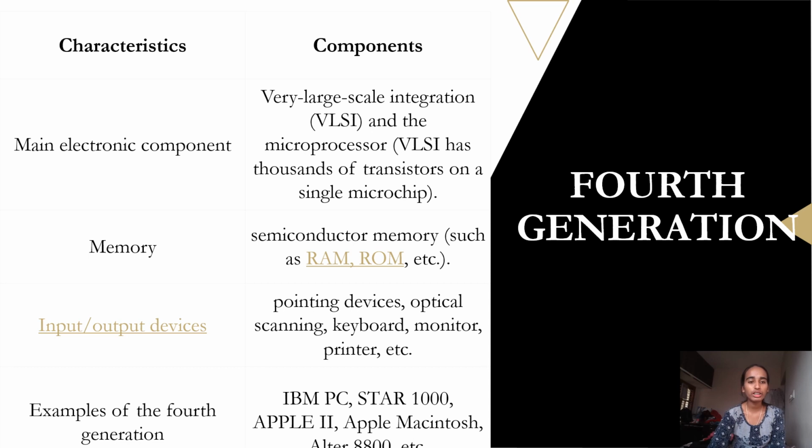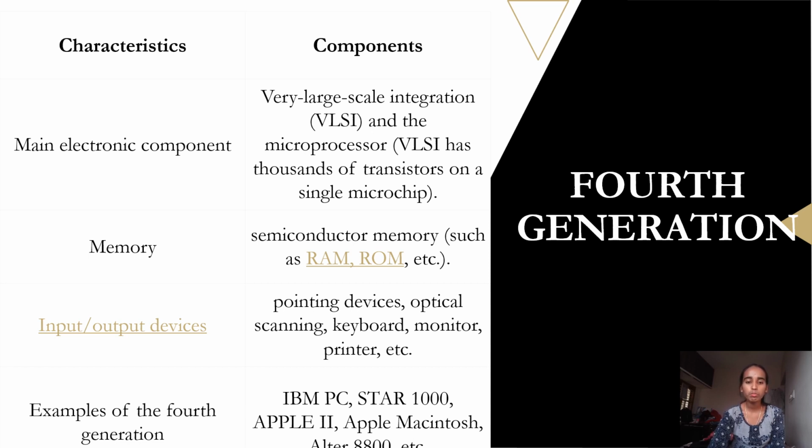Here are the fourth generation's characteristics and components. The main electronic component used is very large scale integration and the microprocessor, that is VLSI, which has thousands of transistors on a single microchip. Memory uses semiconductor memory such as RAM and ROM.